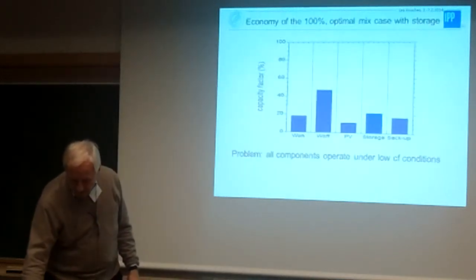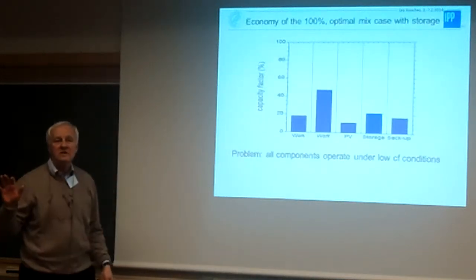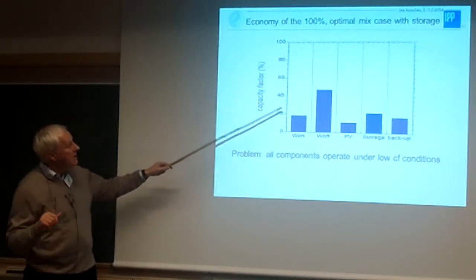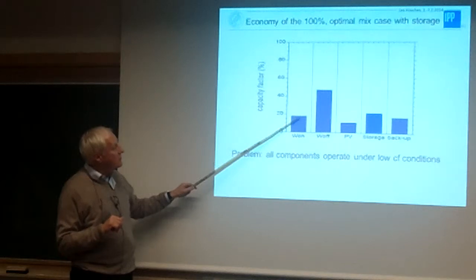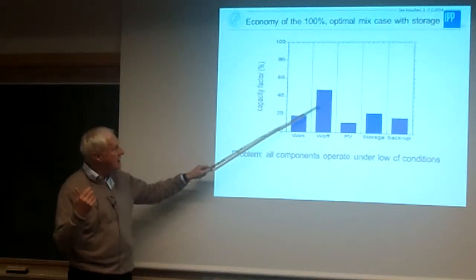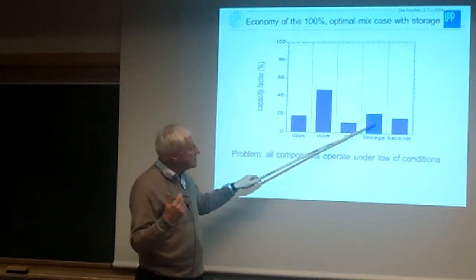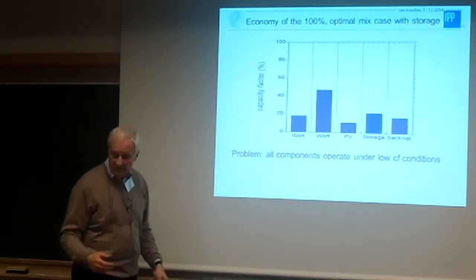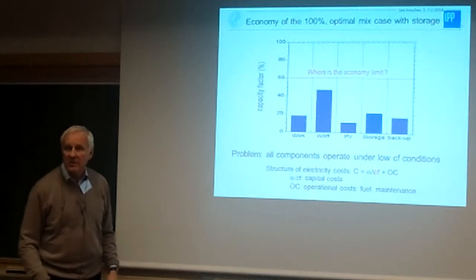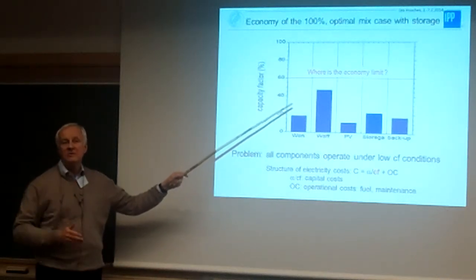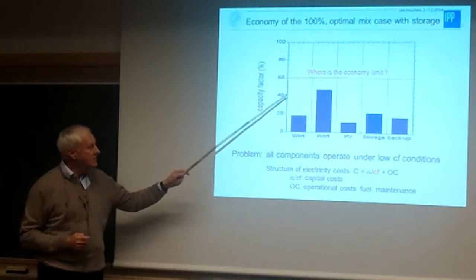The economy of the whole system, of each of the components, is determined by the capacity factor. So this is the capacity factor of onshore wind, which I have shown you. This is the higher one, 47, for offshore, photovoltaic, storage system, backup system. So none of these systems is operated economically. I don't know exactly where the economic limit is, but there are so many economists, maybe somebody tells me.